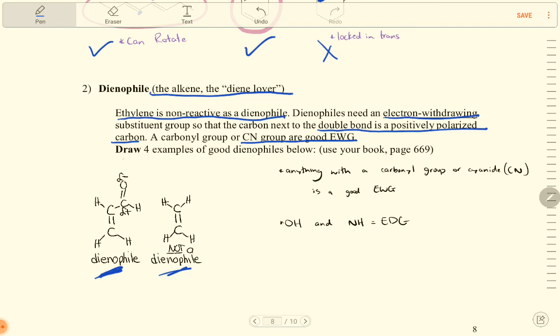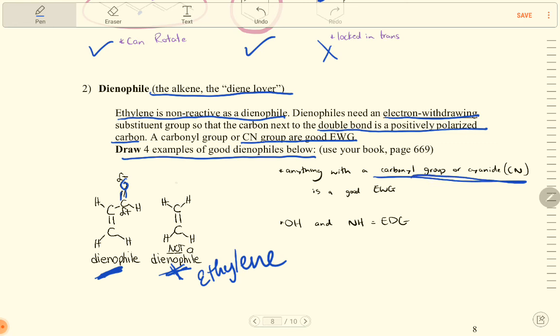So when you draw 4 examples of good dienophiles below, you can see this is not a dienophile. Yes, this is a dienophile. You can see C double bond O. Right? Ethylene is not a good dienophile. You see that carbonyl or cyanide group, anything, they are electron withdrawing groups and they are good dienophiles.